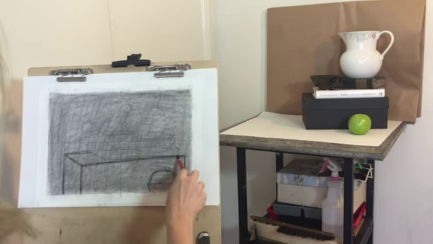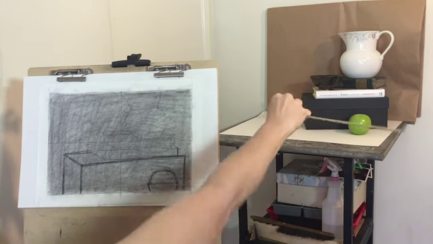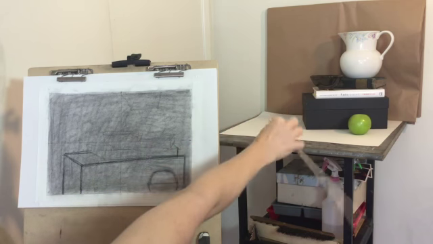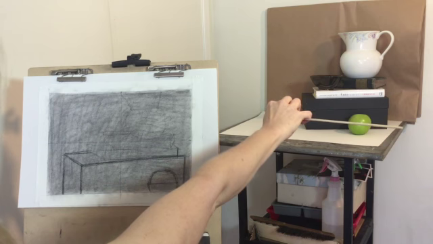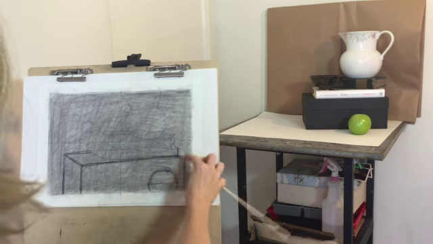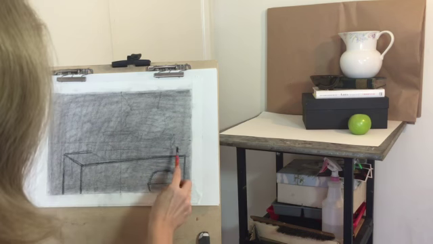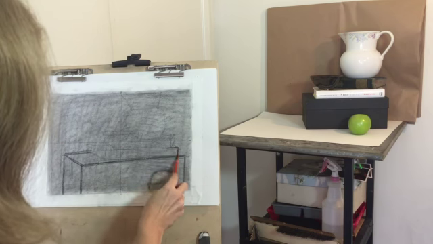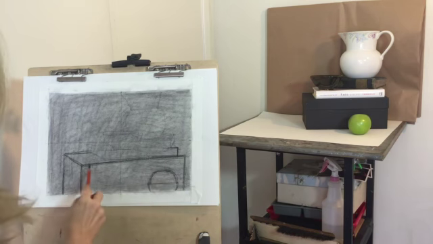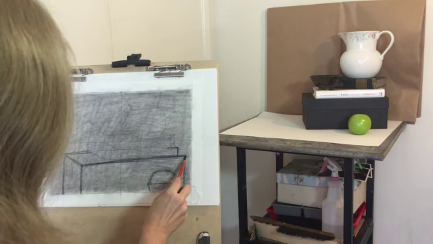All right, my book comes in about this far. I can check to see how high my book is in relationship to the apple, and it's about 1/3 of the width of that apple. So I'll come here and go, let's see. About 1/3 would be like that, so about like this for the width of my book there. And it's right along the edge. Let me see if I can get that straighter.